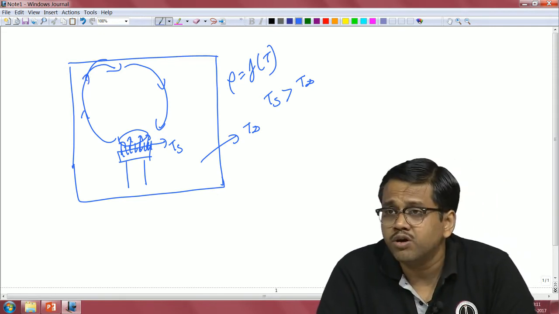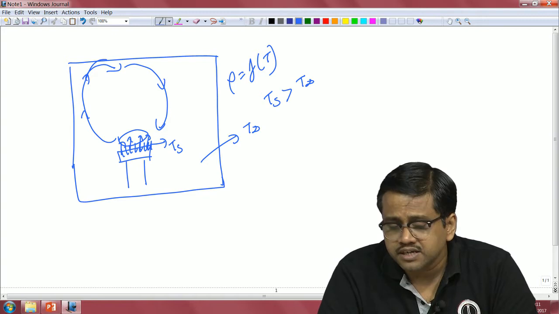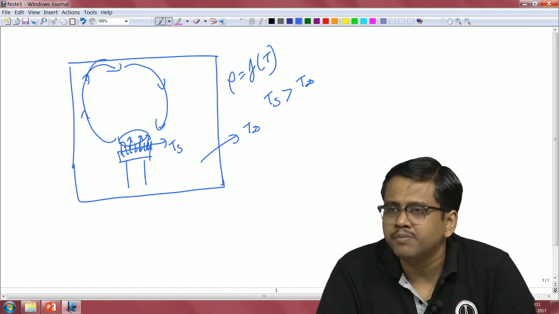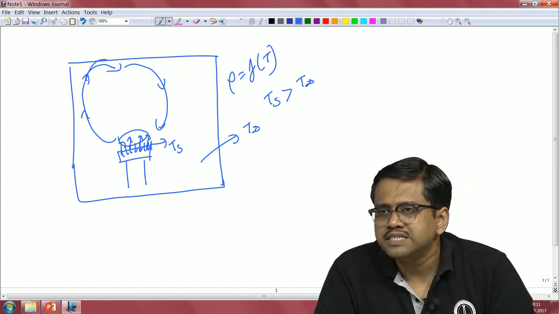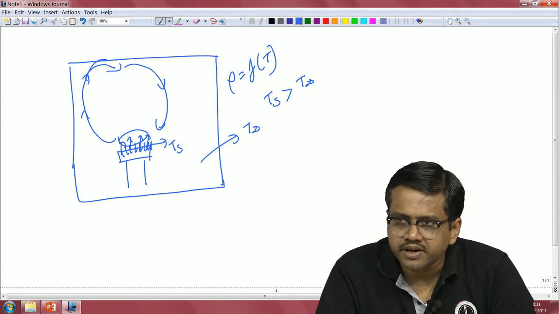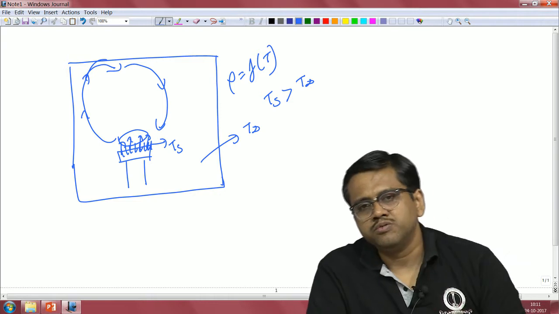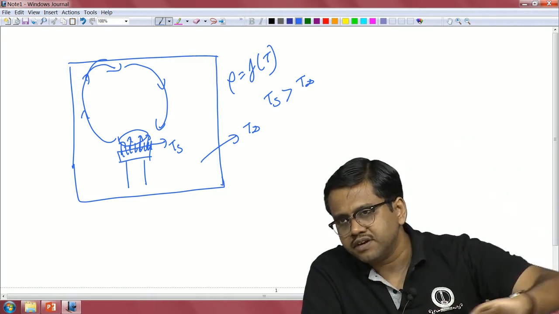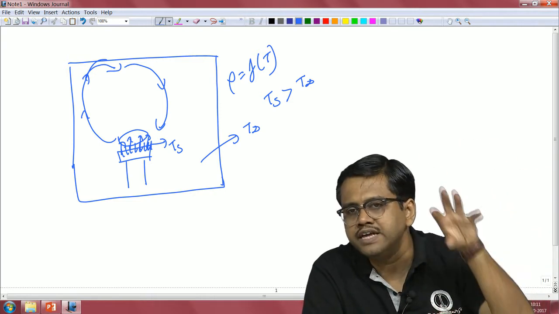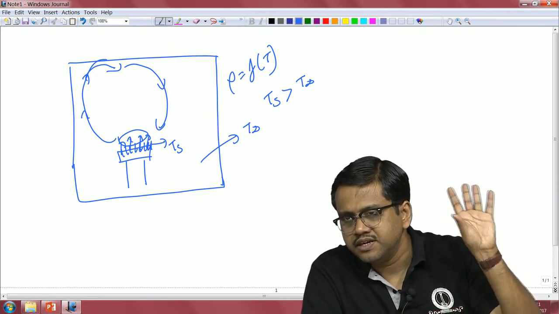I think we should call this convection as well, but here the convection mechanism is brought about by subtle changes in density, and because of that you are creating a motion which is naturally created, because of the presence of a heated source within the room.